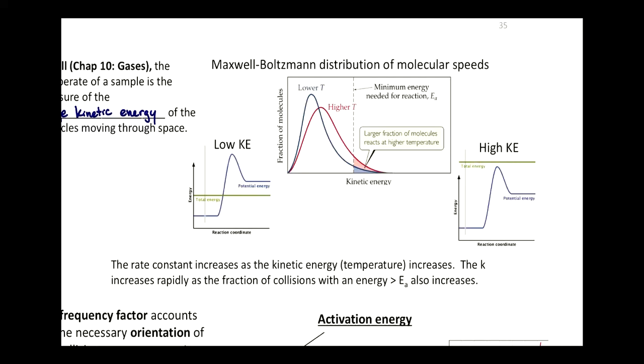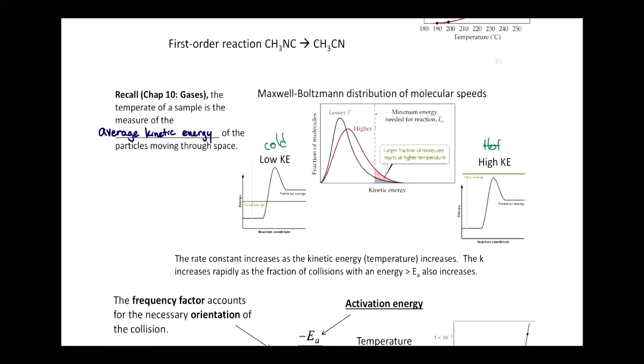Versus if you have a really hot sample, so this is my hot sample, here's my cold sample, there's a lot of kinetic energy present, enough energy that those particles can overcome this activation energy hump, this hill. And so this is why reactions go faster at higher temperatures. There's just more available energy for us to overcome this activation energy.